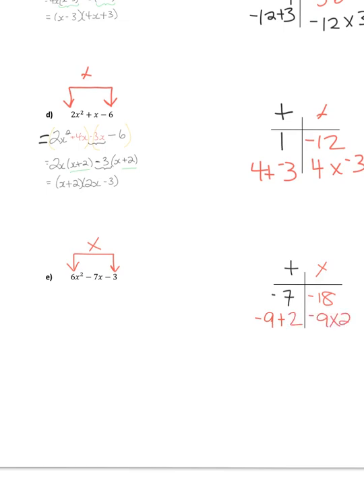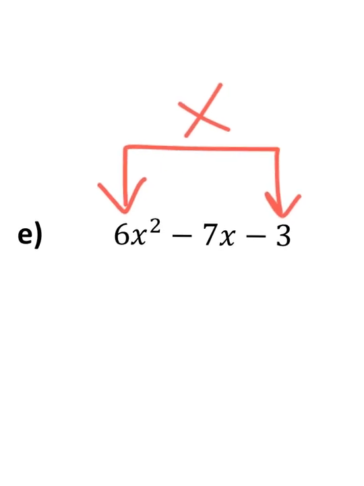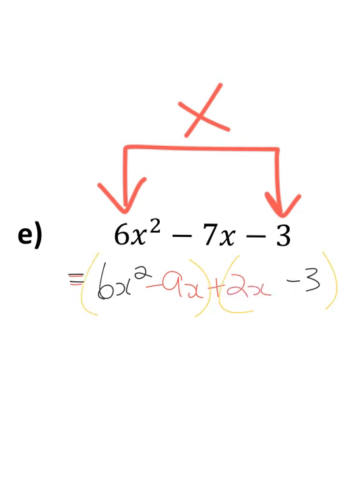Okay, so let's just zoom in here. We'll have the first term here and the last, and then squeeze in the other two. So negative 9x and positive 2x. Group the first two together and the last two. What's common with the first two is a 3x, and I'm left with 2x minus 3. And what's common in the second two is just a 1, not ever a 0.